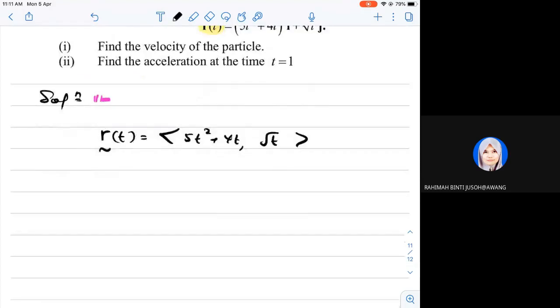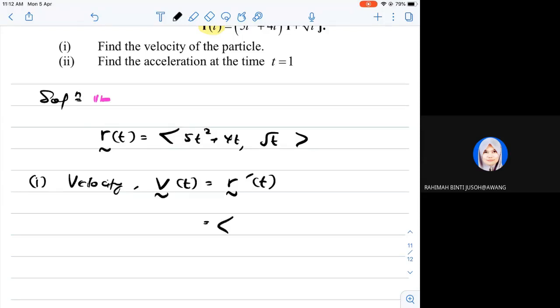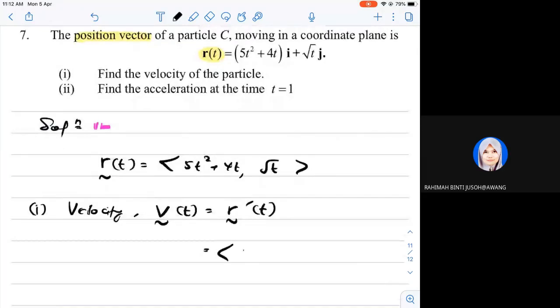So you need to find number 1 velocity, equals to R prime T lah. You kena differentiate. Yes, very good. So differentiate 5T squared, we will have 10T. Differentiate 4T, we get koma pula, tambah 4.